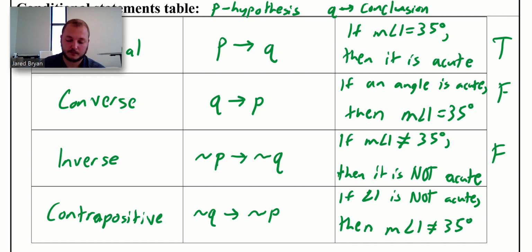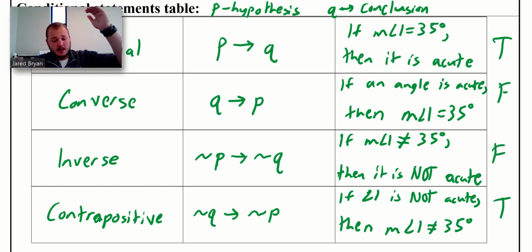If angle 1 is not acute, then the measure of it does not equal 35 degrees. And notice that is a true statement. There's no way for me to create a 35 degree angle without it being acute. So if I say the angle is not acute, then that marks off every one from 0 through 90. Okay, all right, so that is the table.